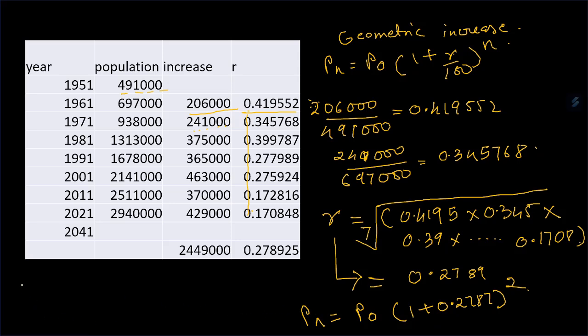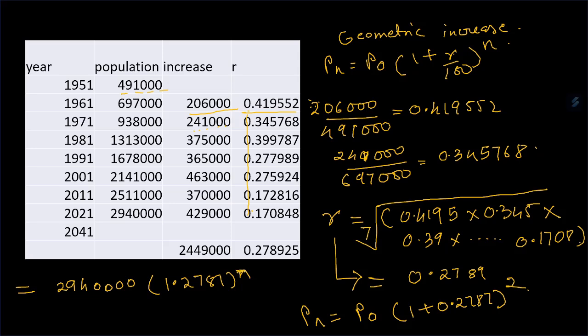Now if I solve this here, P0 here is 29 lakhs 40,000 into 1.2787 to the power n.